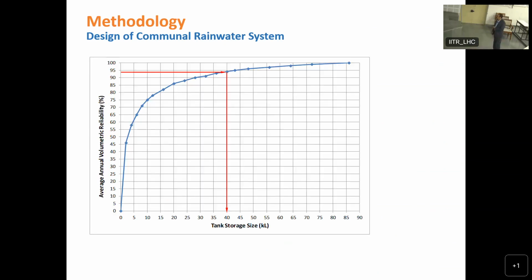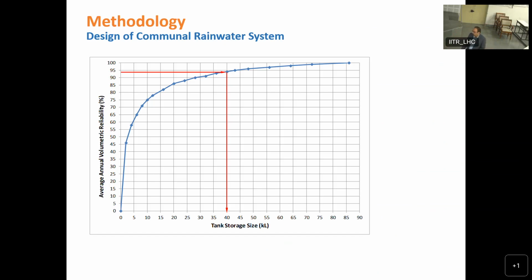So this is just to show you how you calculate this 94%. You can see over here, there is a sharp increase in the amount of water available by increasing the volume of the rainwater tank. But after that, there was less water gained for more increase in the tank capacity.